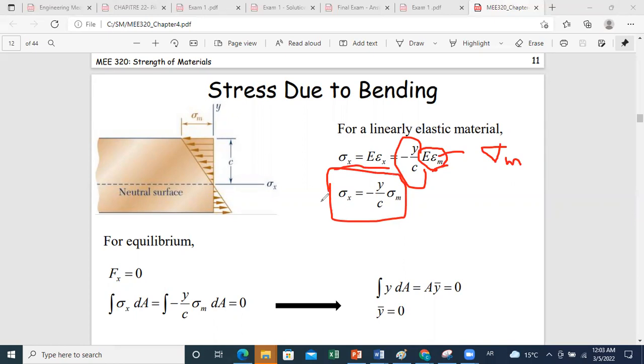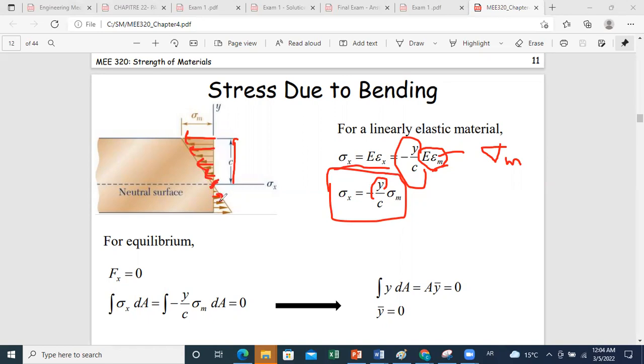As expected, it will be equal to 0 at the neutral axis, and then above the neutral axis you will have compressive effects, so you will get a negative result. So if you want to illustrate your stresses, you have compressive stresses above your neutral axis and tensile stresses below it, because below it you have y negative, minus minus is plus.